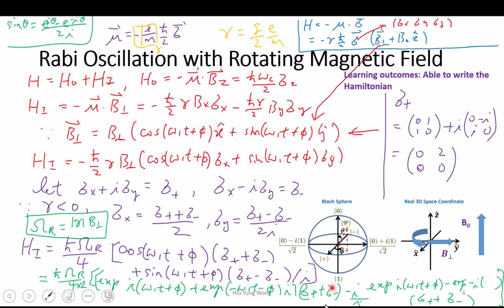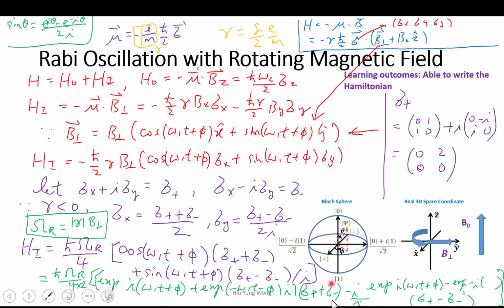Then similarly for the negative one, sigma minus, you will get something similar, right? So now, I also have a typo here, I'm sorry. This one is not plus, right? This is minus because this part is the sigma y. Sigma y is sigma plus minus sigma minus, okay? So it will have the opposite effect because this is plus, this is minus. So this term will be gone, the negative part will go. This one will be kept, right?